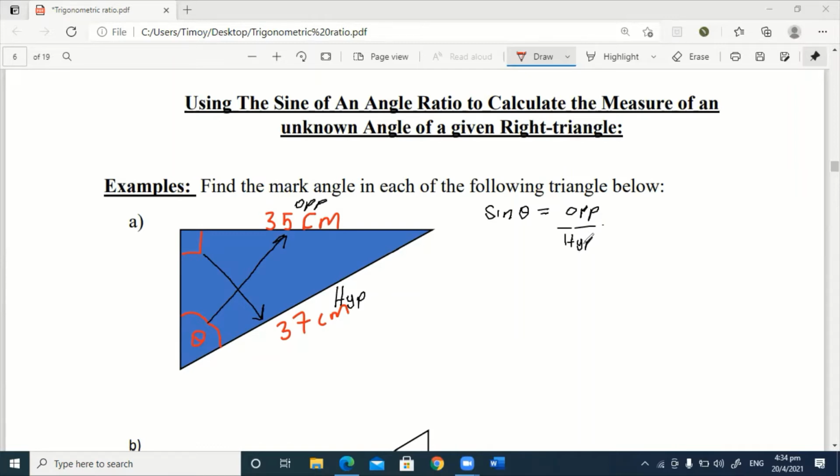Now, all you have to do is to substitute the values from the diagram. So we can see that sine theta is going to equal the opposite length, in this case that was 35, divided by the hypotenuse length, in this case that was 37.